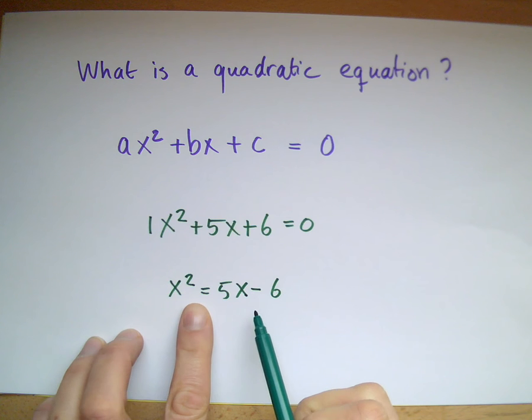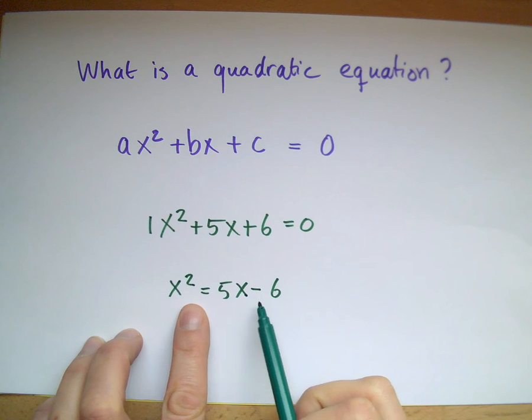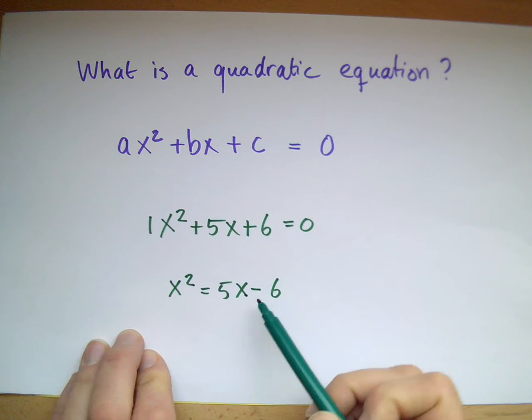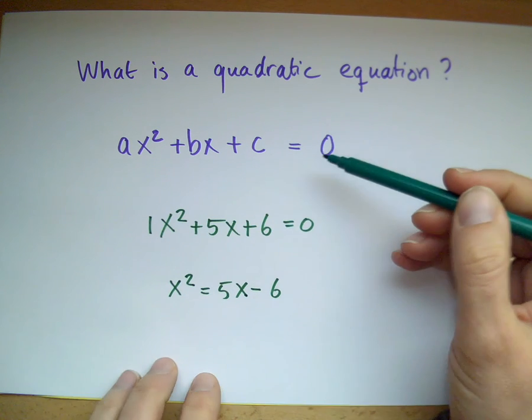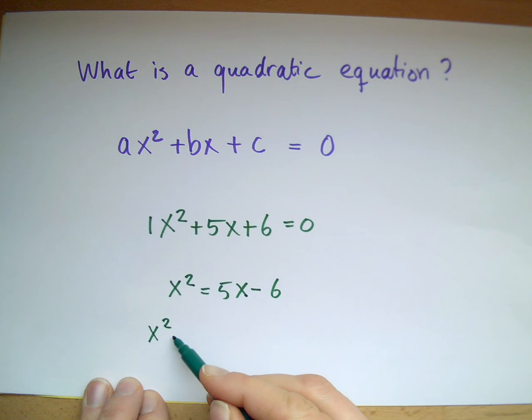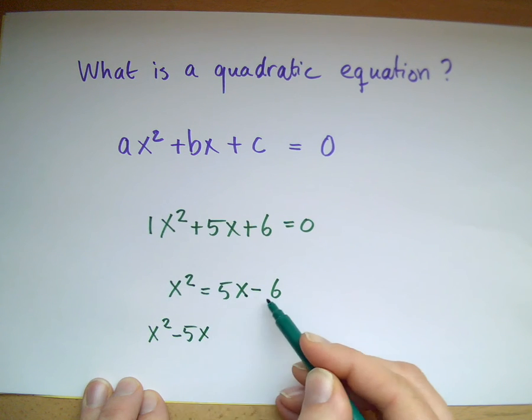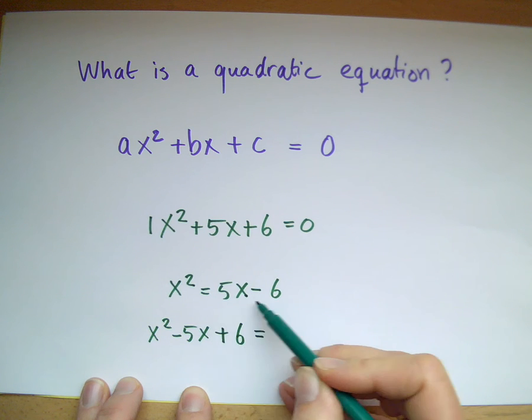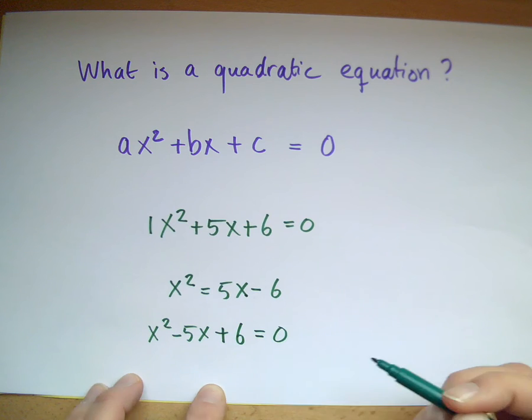This would be a quadratic equation, but it's not in the correct shape yet. So we can change it to this form. We subtract 5x from both sides. We add 6 to both sides. And on the right, we'll have 0 left.